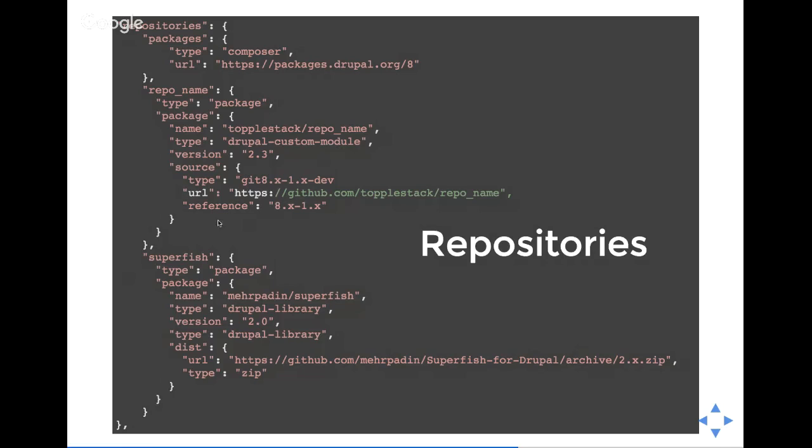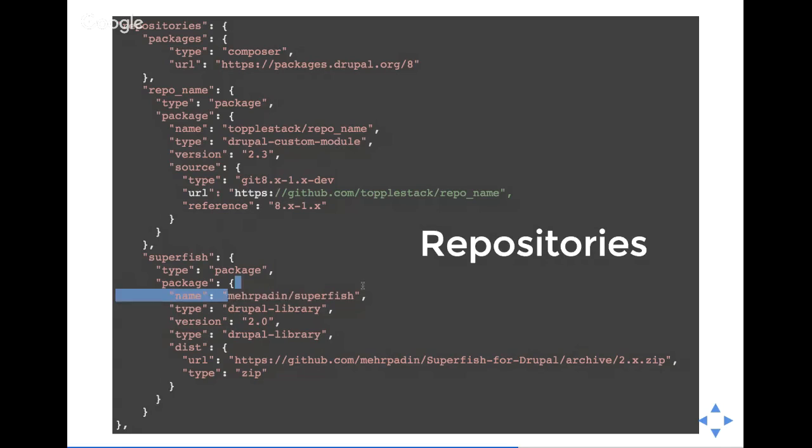And below I used the Superfish library. One of our other developers put this in, not realizing that there was already a Composer package he could pull in to get that JavaScript library. So if the library isn't something that already has a package for it, you can basically outline it here.